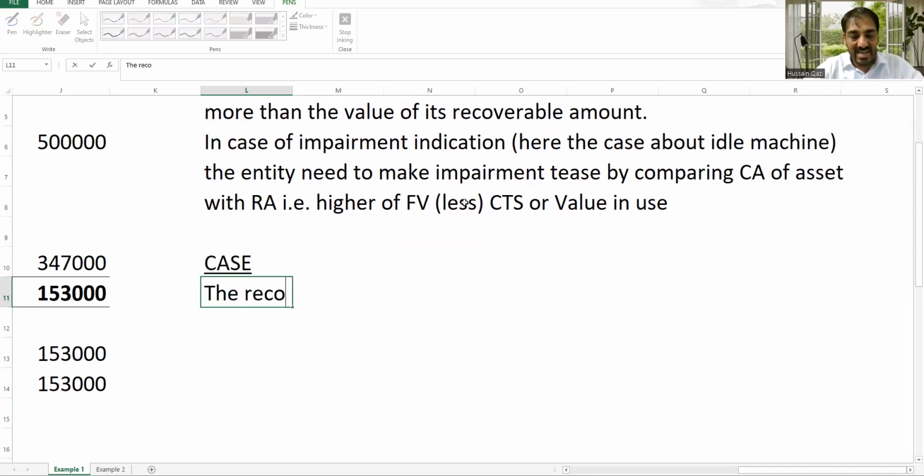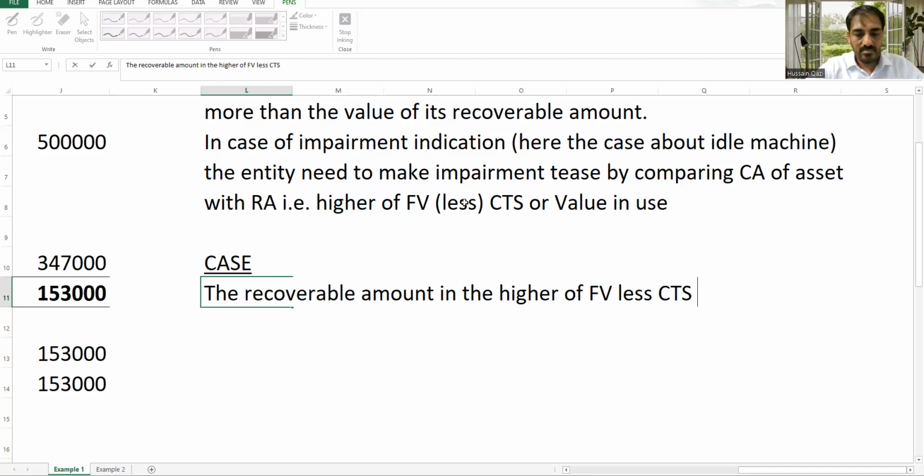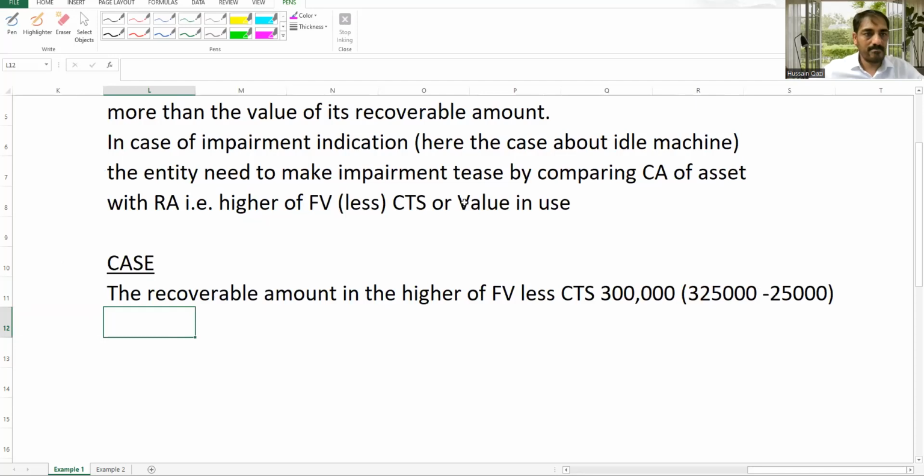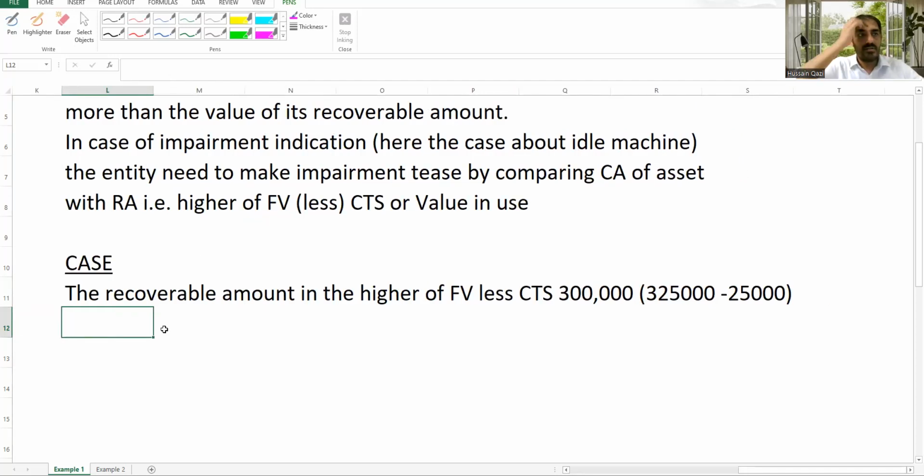What will you mention? The recoverable amount is the higher of, as you mentioned above, fair value less cost to sell, that is 300,000, that is 325,000 minus 25,000, sorry, and the value in use.